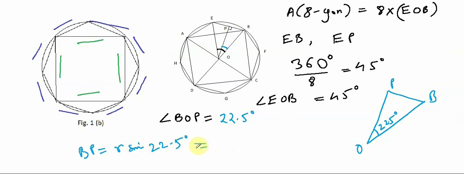Applying trigonometry to the blue color triangle, this turns out to be 0.3826 R. There are many digits, but I am taking only the 4 digits after the decimal.